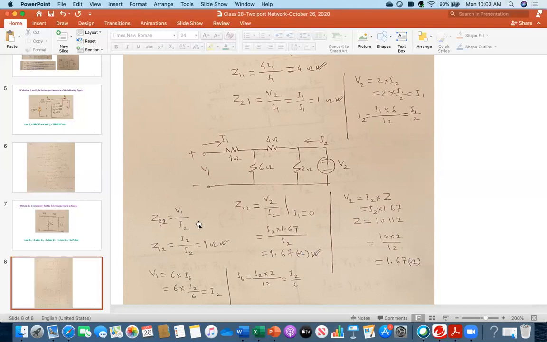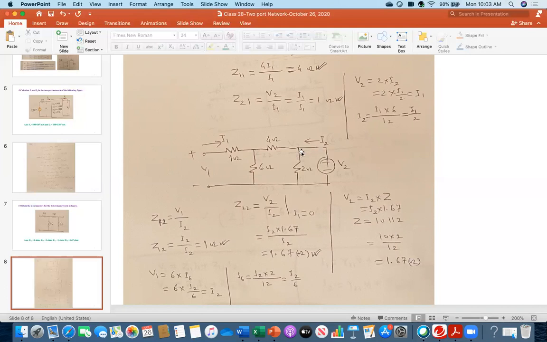Now, what will you be getting? V1 over I2. So what is V1? V1 is here, but current is not flowing here. So ultimately, V1 means the voltage drop across this 6 ohm. Then you have to find out how much current is flowing through the 6 ohm. So I am doing it here, I6, applying the current divider rule.